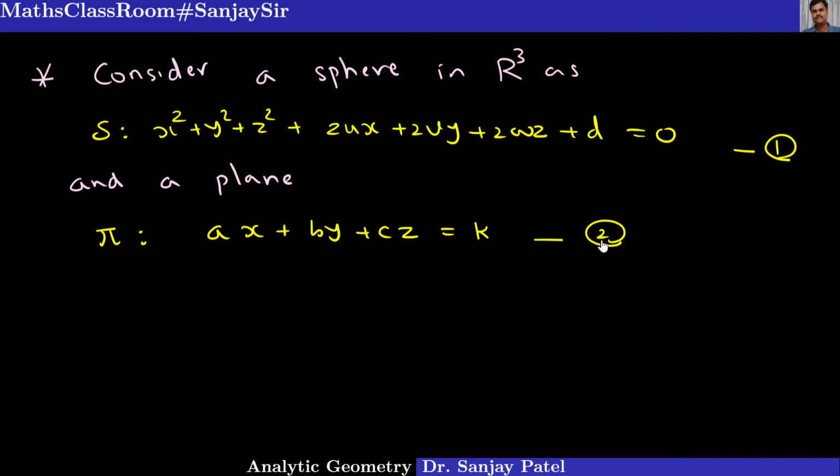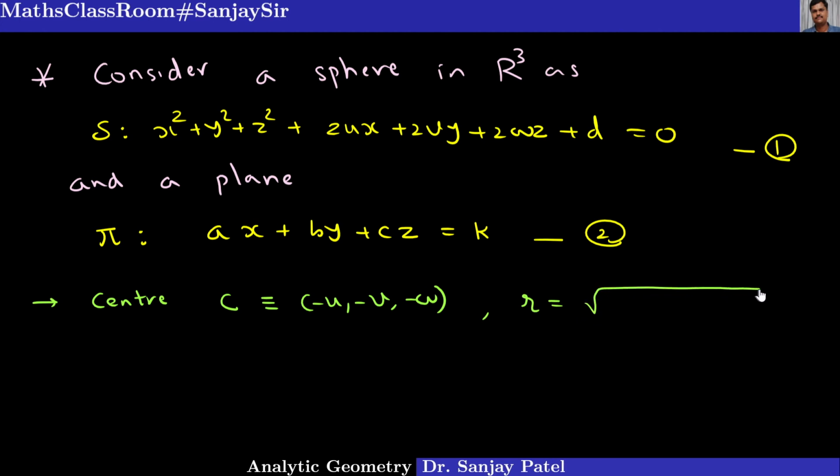Okay. Remember the center of this sphere. Just note that the center of the sphere is given by C, whose coordinates are minus u, minus v, and minus w. And the radius, if I denote it by r, then the radius of the sphere given by equation number 1, you know the formula now, is square root of u square plus v square plus w square minus d.